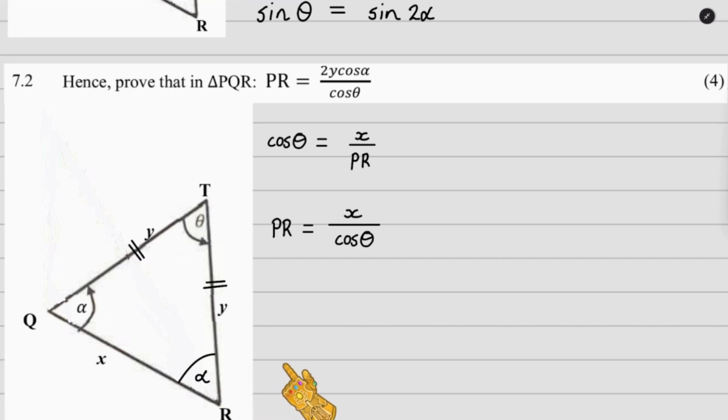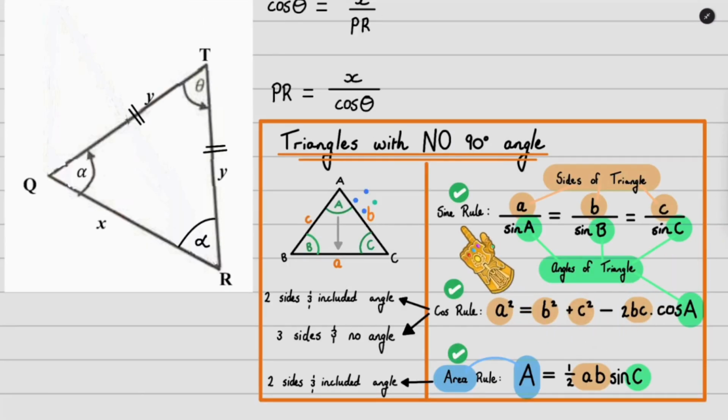There's no 90-degree angle, which makes our job significantly harder. If there's no 90-degree triangle, there are 3 rules or formulas that you can apply. I'm going to show them on the screen now. They are called the sine rule, the cosine rule, as well as the area rule.